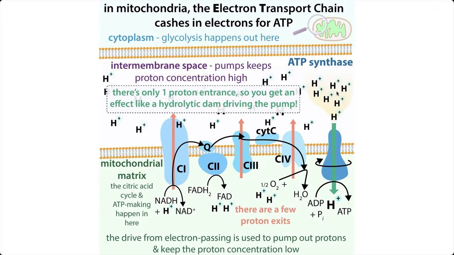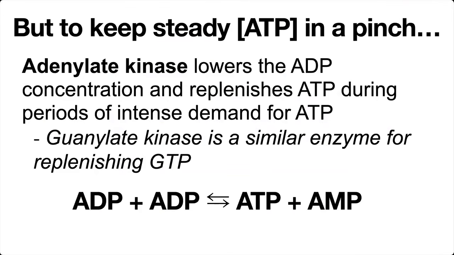Then we're making a gradient. We saw that gradients are going to drive things. We've got this gradient of protons. This gradient of protons is going to drive the synthesis of ATP. So that's how we can make ATP in kind of a sustainable manner.